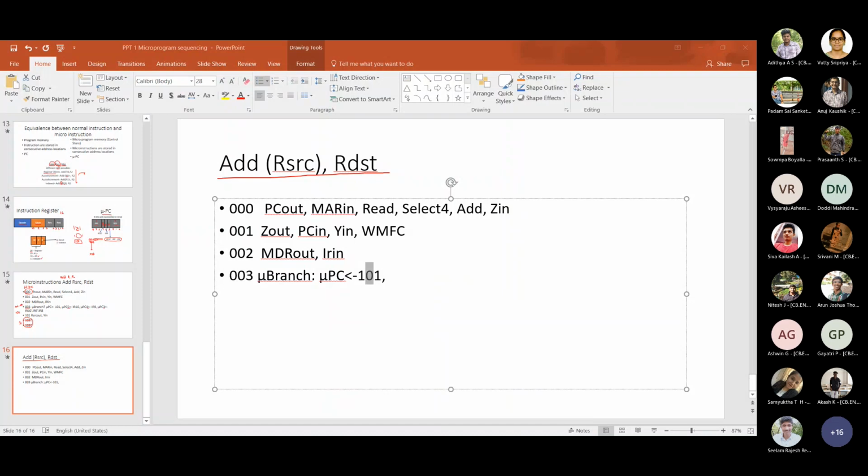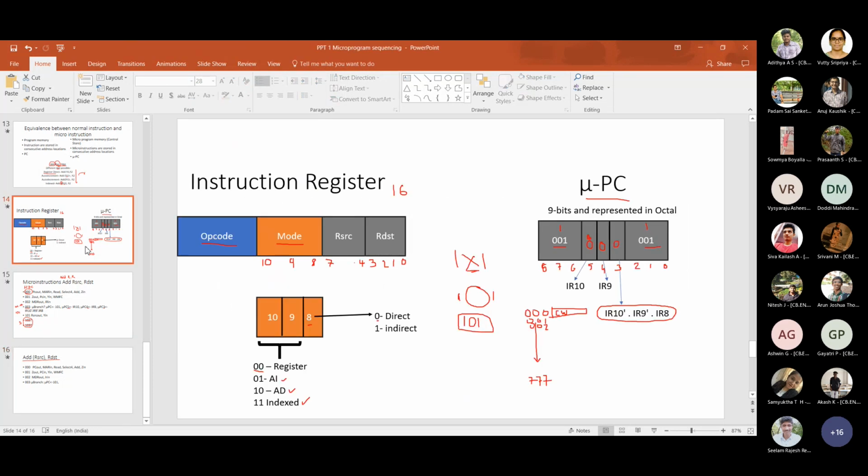Now if it is register indirect addressing mode, what will be the final destination address for this mu branch? Can somebody calculate and tell me? You can refer to this diagram if you want. What will be the jumping address location? 111. Very good.